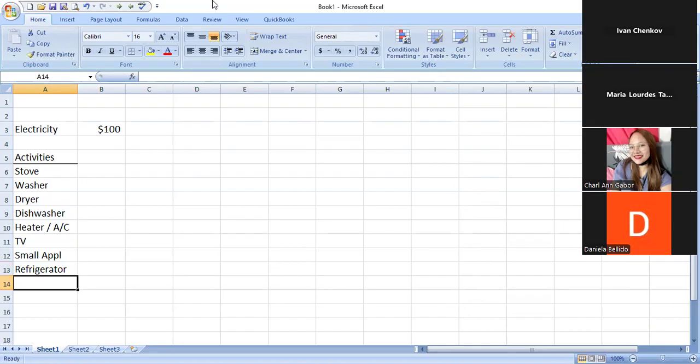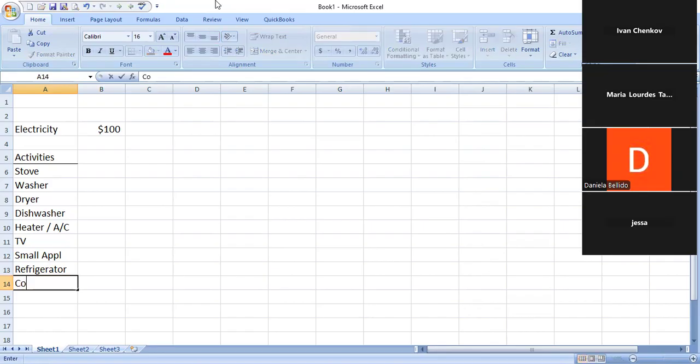Computer. Sorry, what? Computer. What else? Charging, right? Are you charging your phone at home? Yeah. Okay, charging. I think we have enough activity. What else can we add here? What else are we missing here? Cleaning using a vacuum. Vacuum.